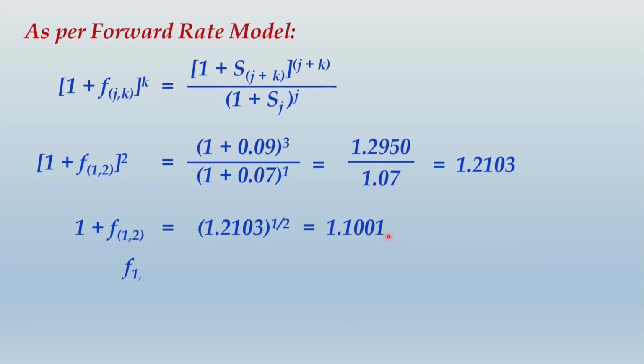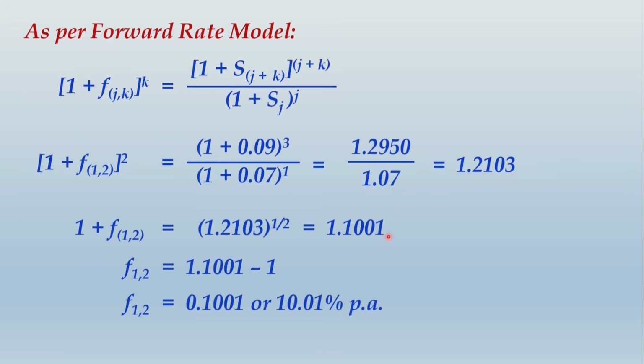From that implied factor, subtract 1, and you get the annualized rate for a 2-year loan starting in 1 year, that is F1,2, which should be 10.01% per annum. In case you haven't made this calculation, I am giving you a moment. You write up this calculation and then I take you ahead.